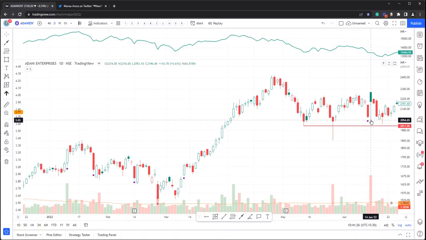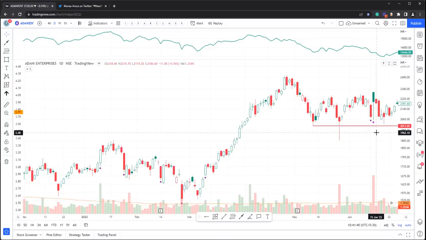The third time it did not even touch this line, and the fourth time it's making higher highs. All these clues are telling me that this base formation is very healthy, so I should be paying more attention. This goes into my focus list, as discussed in the previous video.